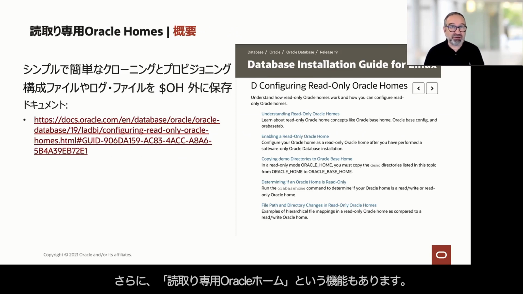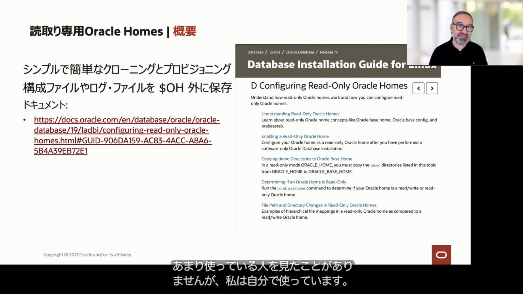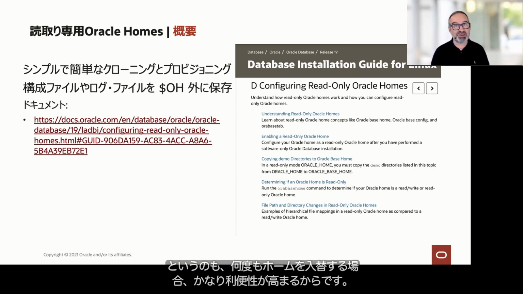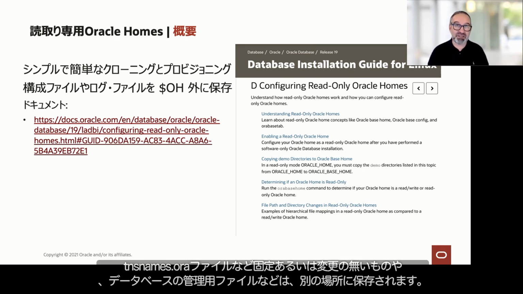Then in addition to that feature, we have the read-only home. That also became a new feature in 18c. I haven't seen so many people using it, even though I use it myself, because it adds a little bit of convenience when you exchange your homes quite often. The idea of read-only homes is that the flexible part of the home is in one part, and the constant or steady part, like your TNS names files or certain admin files for your database, stays in a separate part.